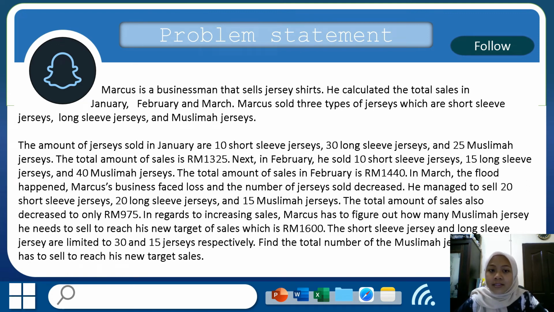Marcus is a businessman that sells jersey shirts. He calculates the total sales in January, February, and March. Marcus sold 3 types of jerseys, which are short-sleeve jersey, long-sleeve jersey, and Muslimah jersey. The amount of jerseys sold in January are 10 short-sleeve jerseys, 30 long-sleeve jerseys, and 25 Muslimah jerseys.